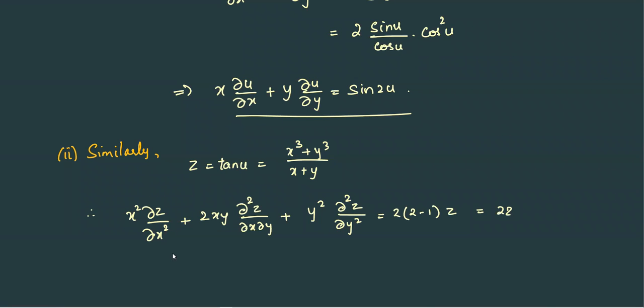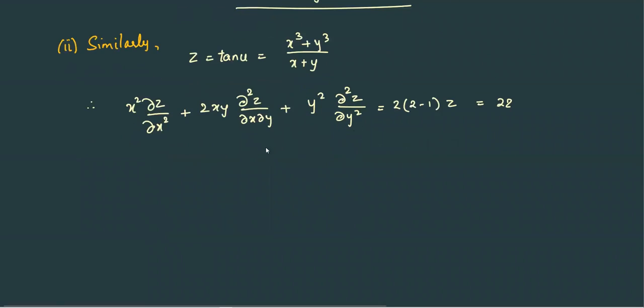Now let us do some simplification. So before we write this, first step. So from Euler's theorem, you missed the square in the first one, ∂²z. Yes. So from Euler's theorem, we will prove this.